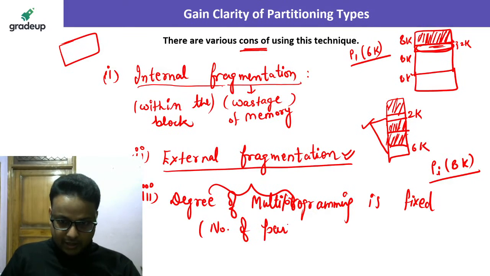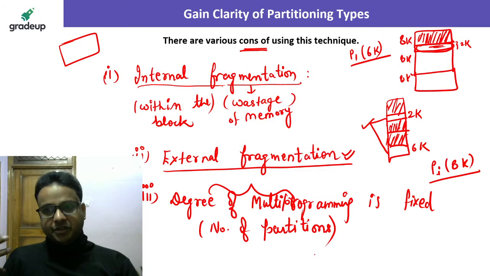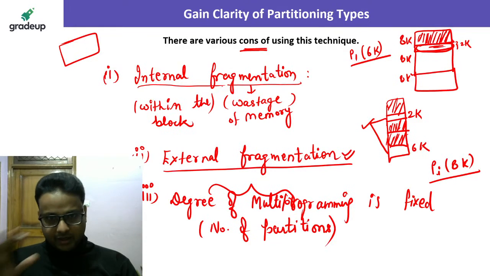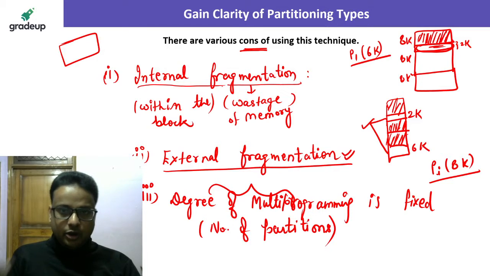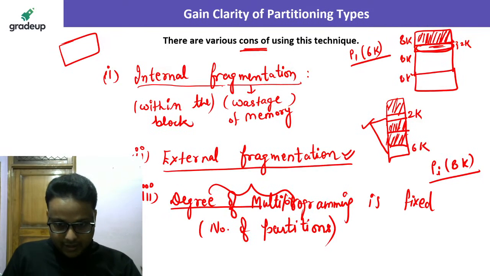It is the number of processes that can reside in memory, which equals the number of partitions. If I have 4 partitions, the maximum number of processes allowed is 4. We call this the degree of multi-programming. So the degree of multi-programming is fixed.